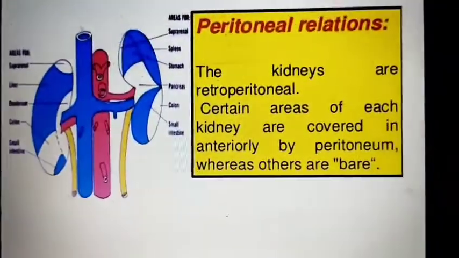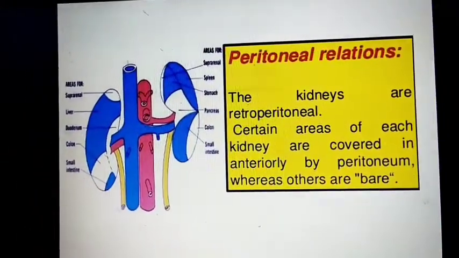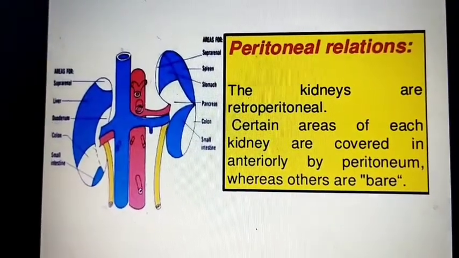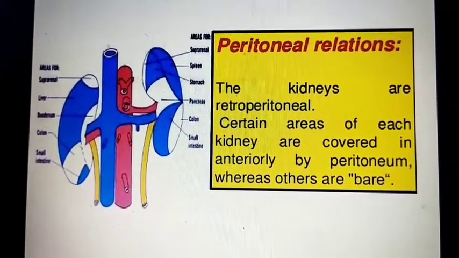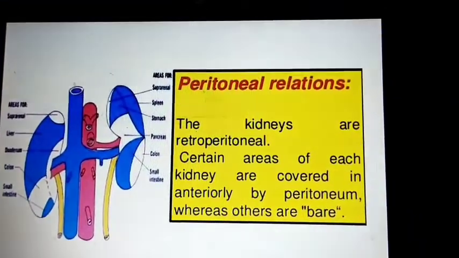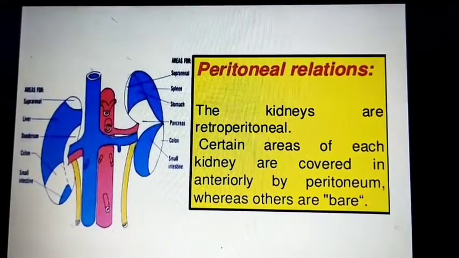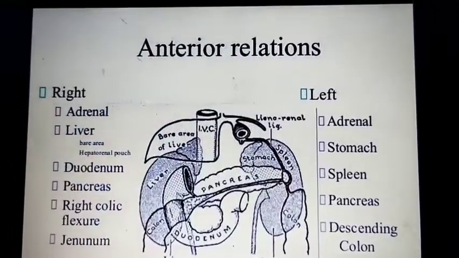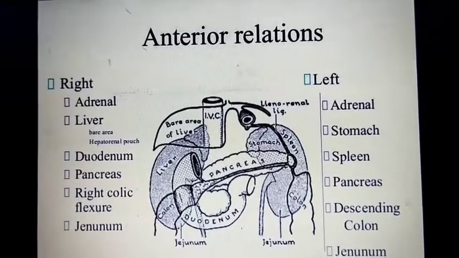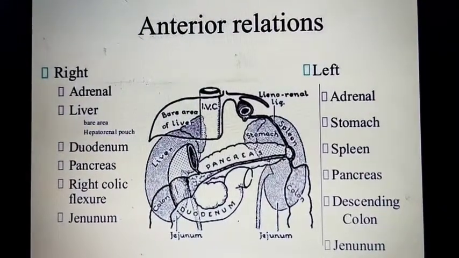Now we can go for the peritoneal relations of the kidney. The kidneys are retroperitoneal. Certain areas of each kidney are covered anteriorly by the peritoneum, whereas others are the bare area. Bare area means where the peritoneum does not cover. Now we can go for the anterior relations of the right kidney and left kidney.